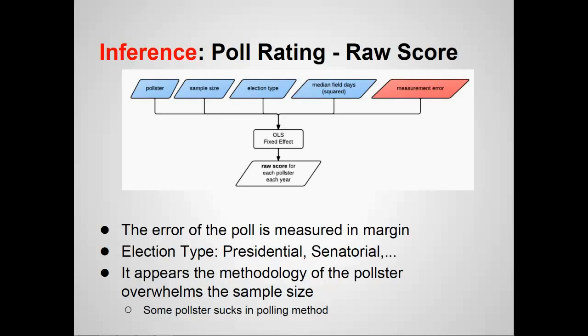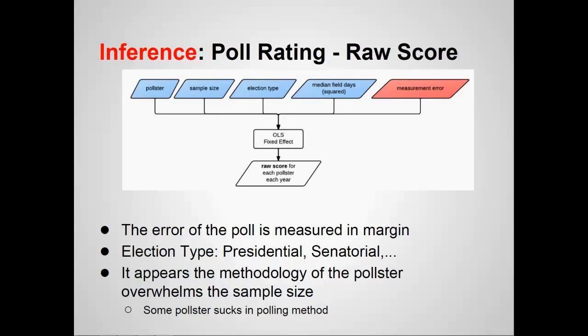That is what the majority of Nate Silver's model deals with: how to make inference from the polls. He used a methodology he called poll rating. The intuition is that you have a bunch of surveyors or pollsters conducting polls around the United States.